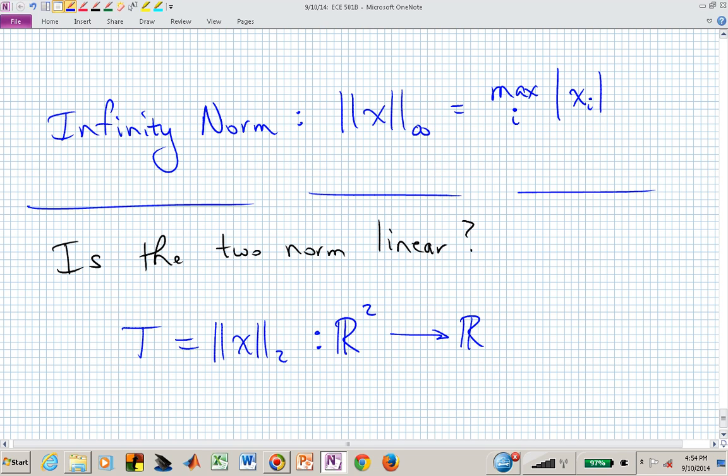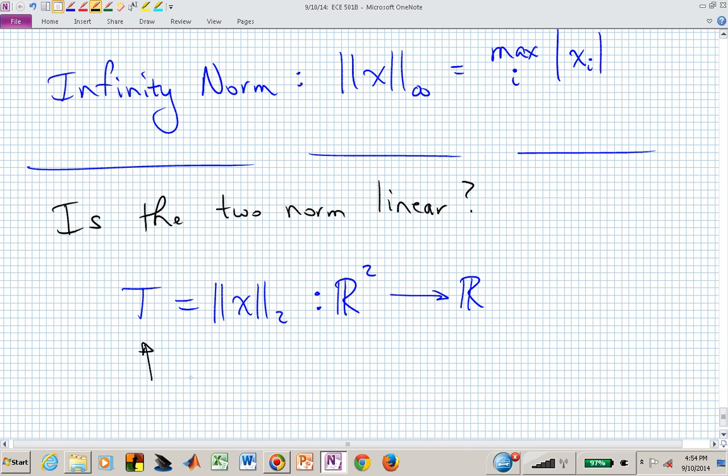That's the 2 norm of a two-dimensional vector. Is that a linear map? Linear or not?